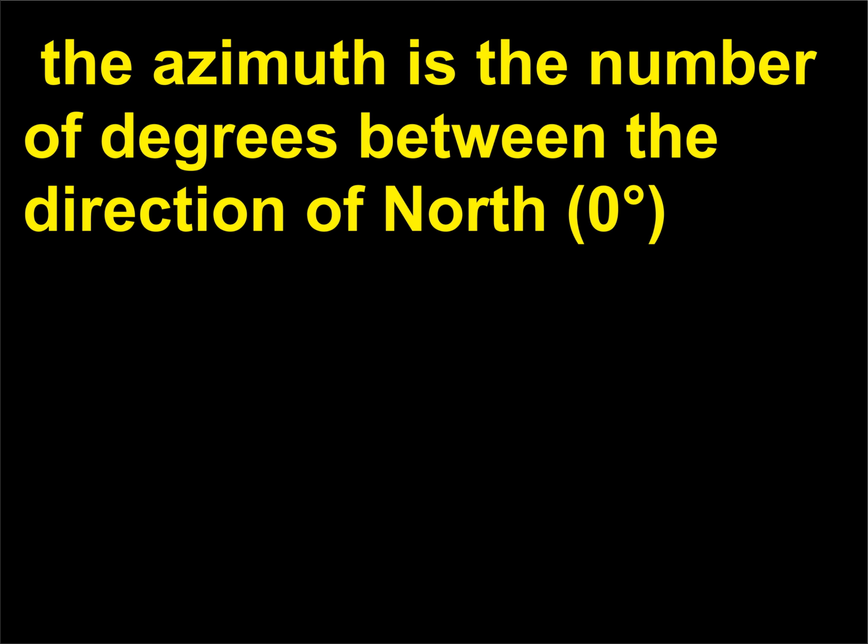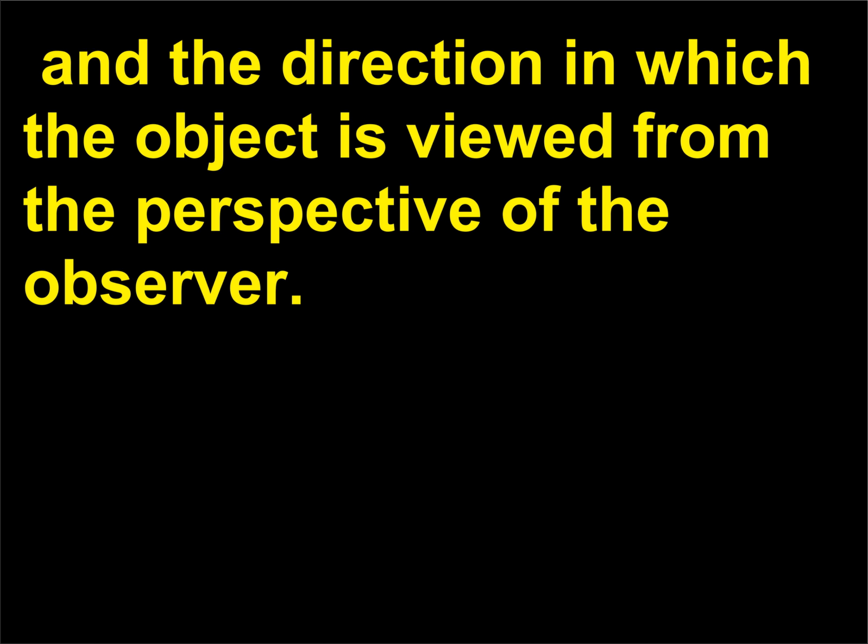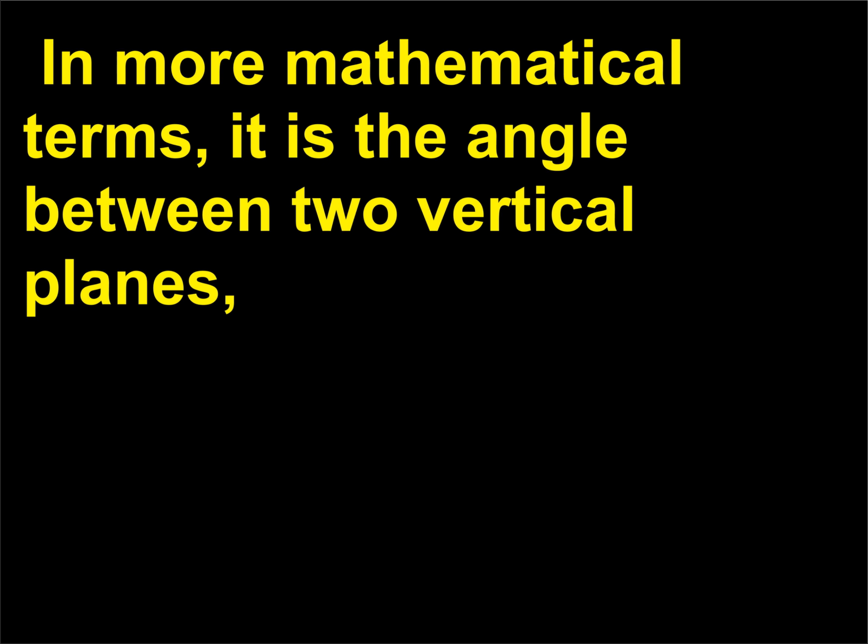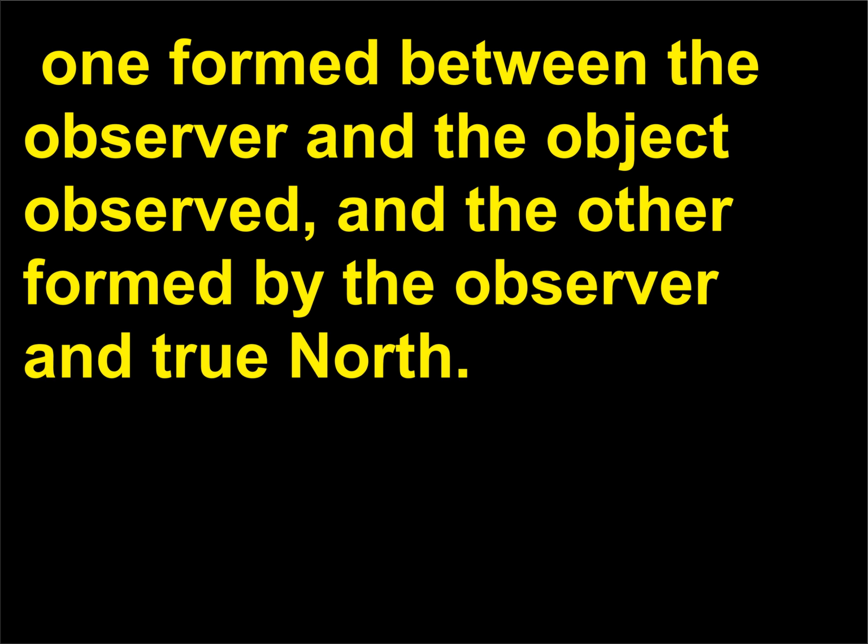The azimuth is the number of degrees between the direction of north, 0 degrees, and the direction in which the object is viewed from the perspective of the observer. In more mathematical terms, it is the angle between two vertical planes. One formed between the observer and the object observed, and the other formed by the observer and true north.